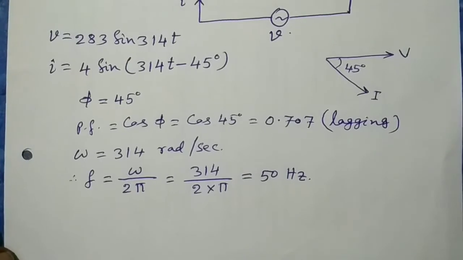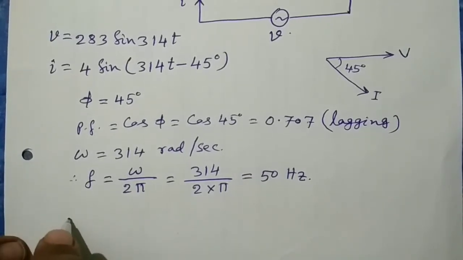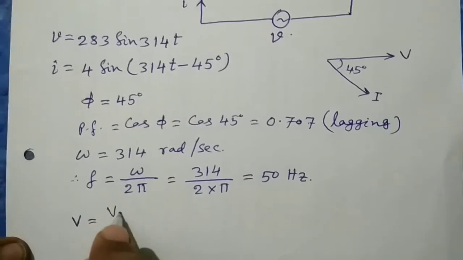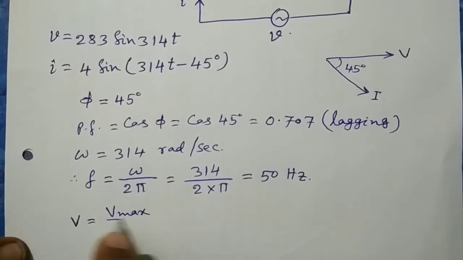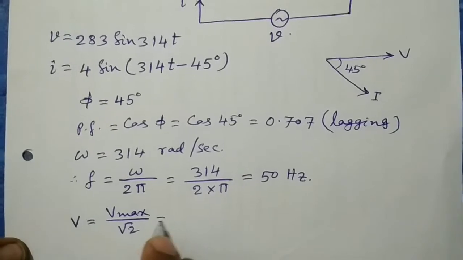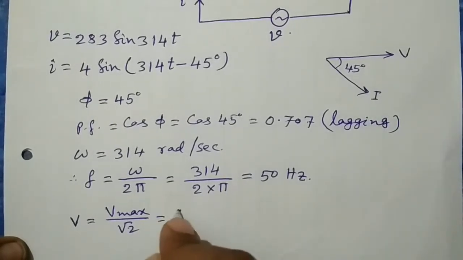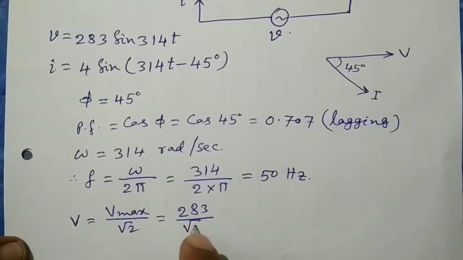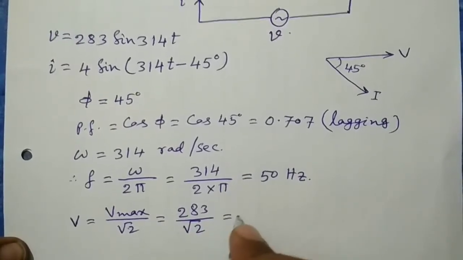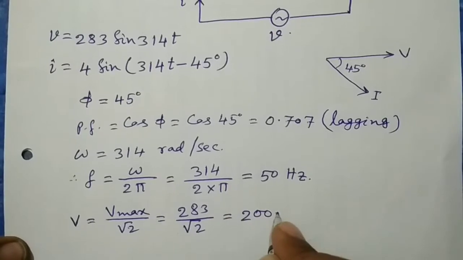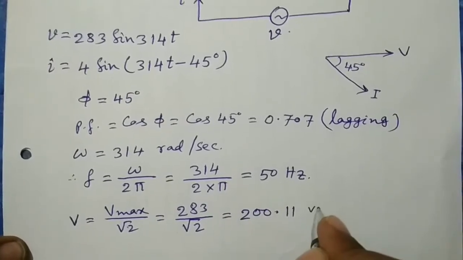Now the RMS value of the voltage will be the maximum value upon root 2, and here the maximum value of the voltage is 283. So it is 283 upon root 2 and the RMS voltage will be 200.11 volt.